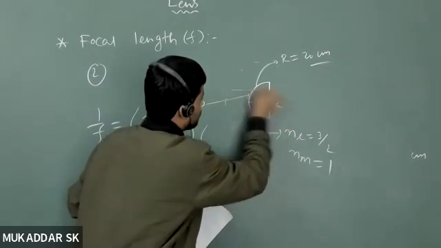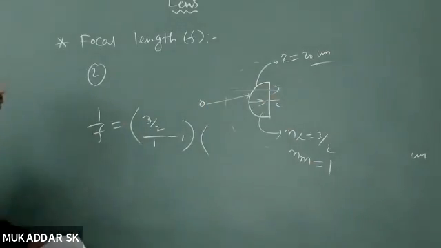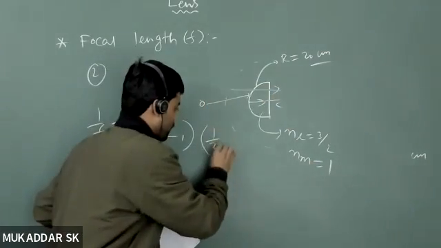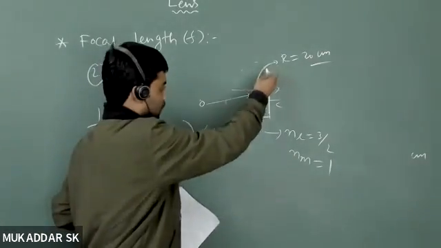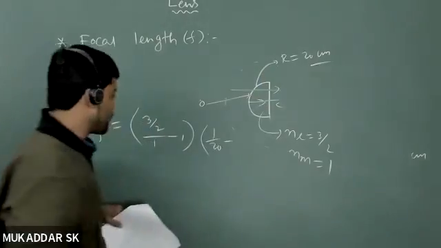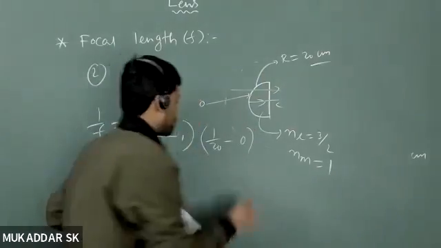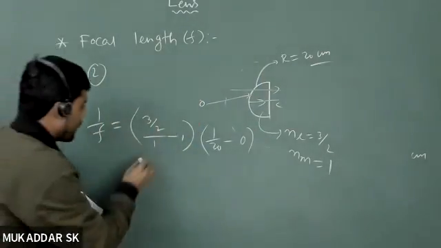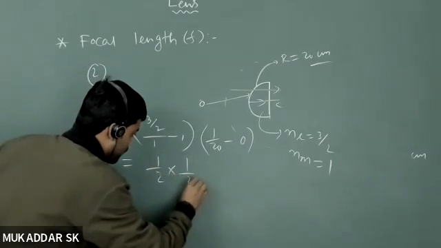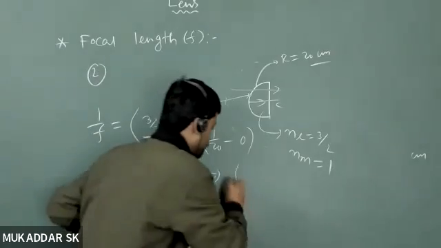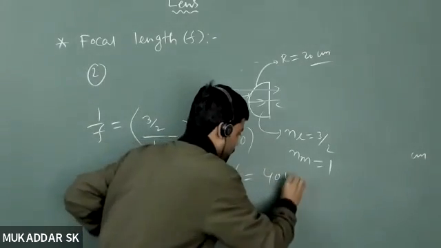So this direction is positive, so this is basically 1/20. And R2, the radius of curvature of the other surface, will be infinity. So 1/infinity will be 0. So 3/2 minus 1 is nothing but 1/2, times 1/20. So the focal length of this lens will be nothing but 40 centimeter.